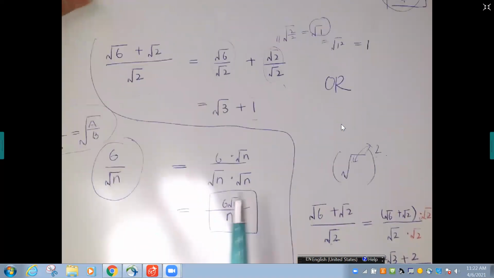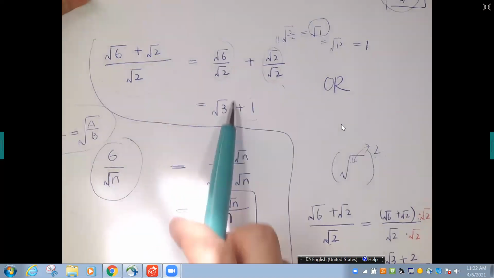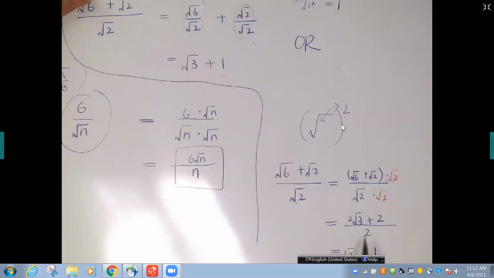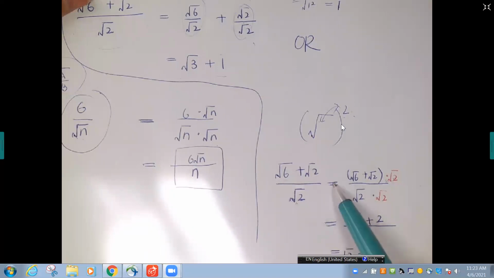So either way, you could use the distributive law, or, from another point of view, treat this entire thing as one rational expression. We do not treat this as a division; we look at it as a rational expression.